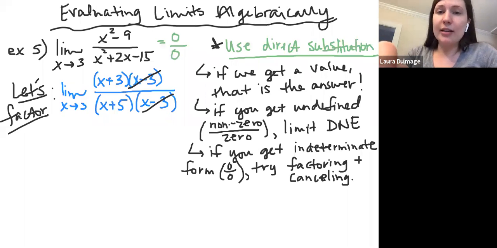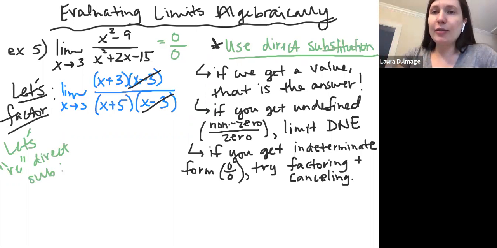So we're finding what that limit is by this algebraic method of factoring and canceling. So now we can direct substitute, or let's call it redirect substitute. So we can plug in 3 now. I'm going to plug in 3 here and here.